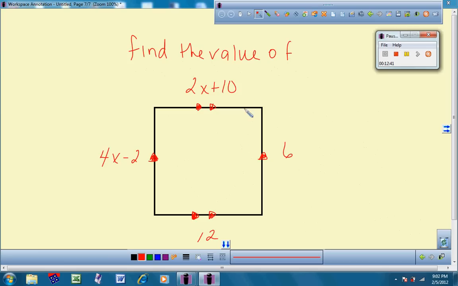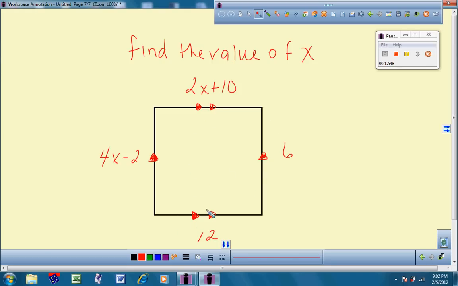Let's go ahead and continue with our last example for finding the value of x. If you look at our polygon, we can see that opposite sides are parallel. We can go ahead and make an assumption that since opposite sides are parallel and we have a parallelogram, then opposite side lengths are congruent.